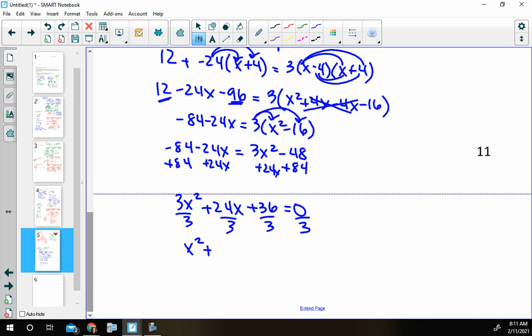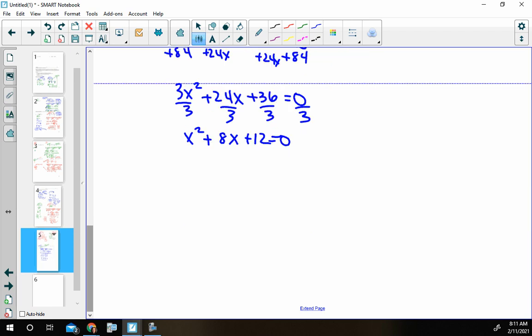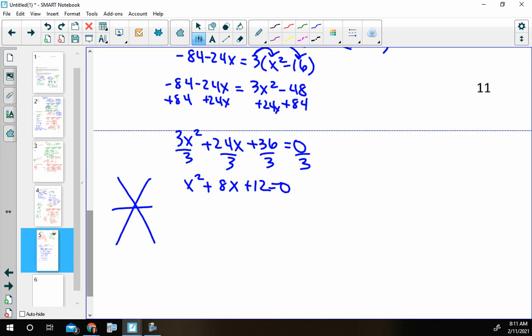So it's going to drop it to an x squared, an 8x, and a 12. Otherwise, if you snowflake it, you should still get the same answer. They're just going to be bigger numbers to deal with. So I've got 12, 8, x, so 6 and 2. If you snowflake and simplify, you should still get negative 6 and negative 2.